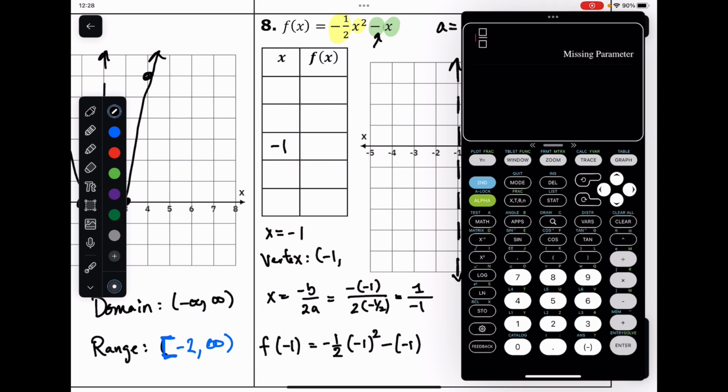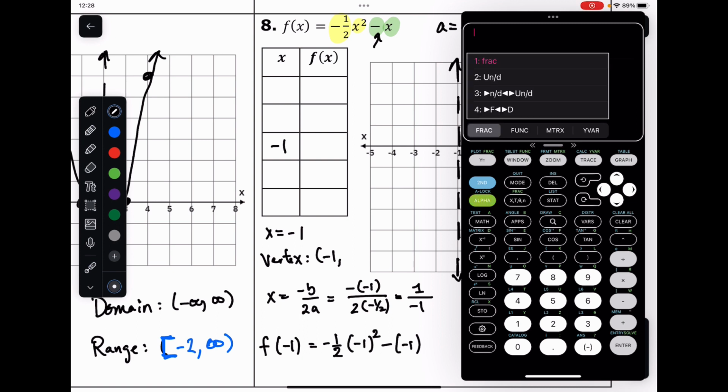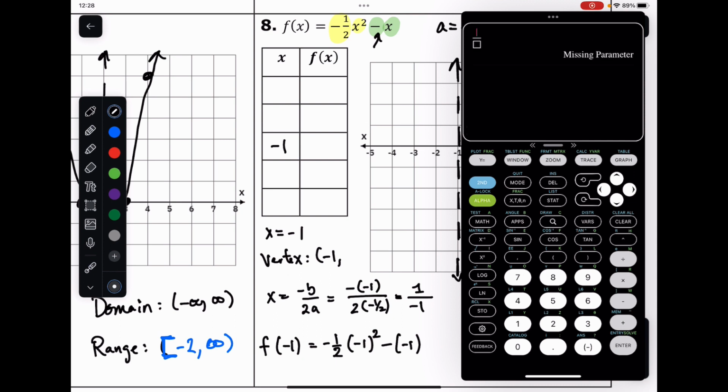That lets me write a fraction. But the shortcut is to hit the alpha button, which is the green button, and then the y equals, and I get my fraction. So my fraction is negative 1 over 2, or I could put the negative sign in the front. Let me delete that and put the negative sign in the front.